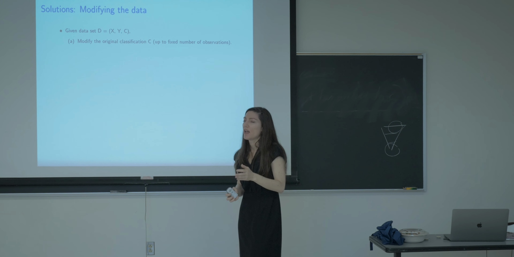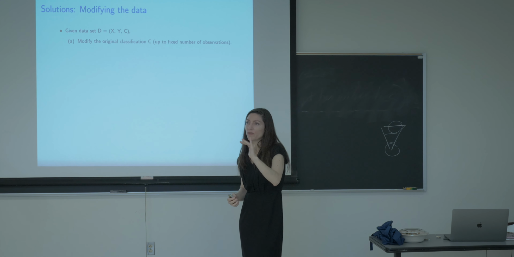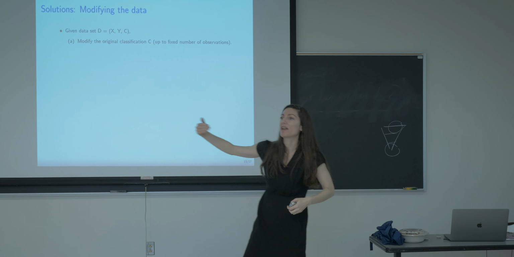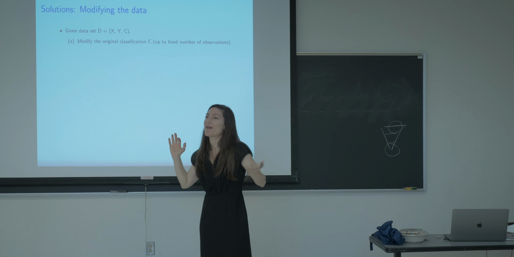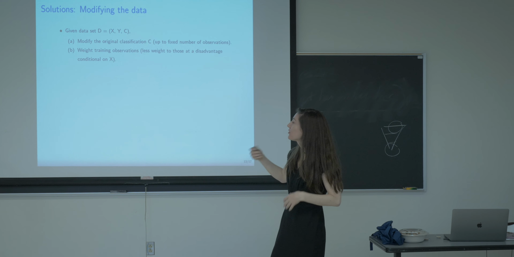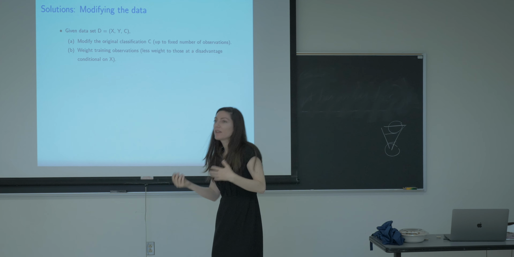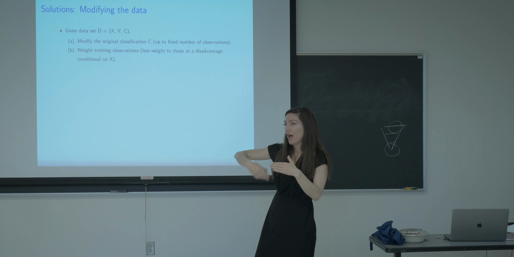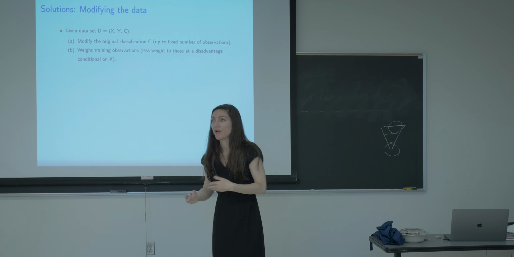You could do that by writing down some sort of optimization problem, and you could impose a restriction such that you don't make more than N number of modifications. I don't want to use the same letter. Something else that you could do is weight training observations such that those who are treated fairly receive higher weights than those that were treated unfairly.